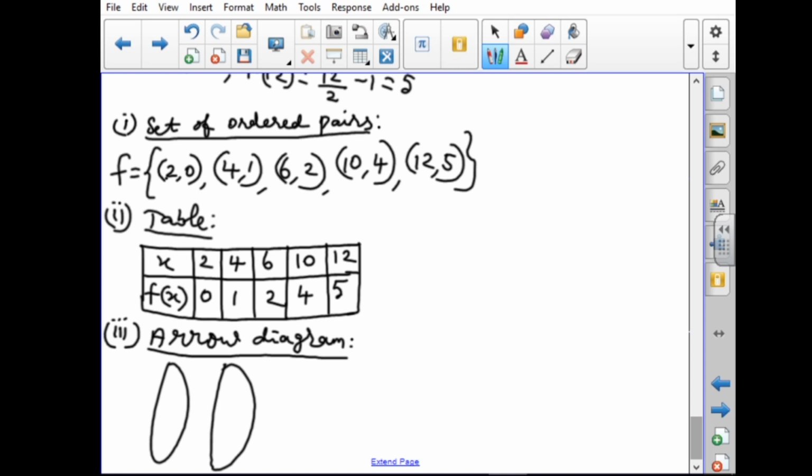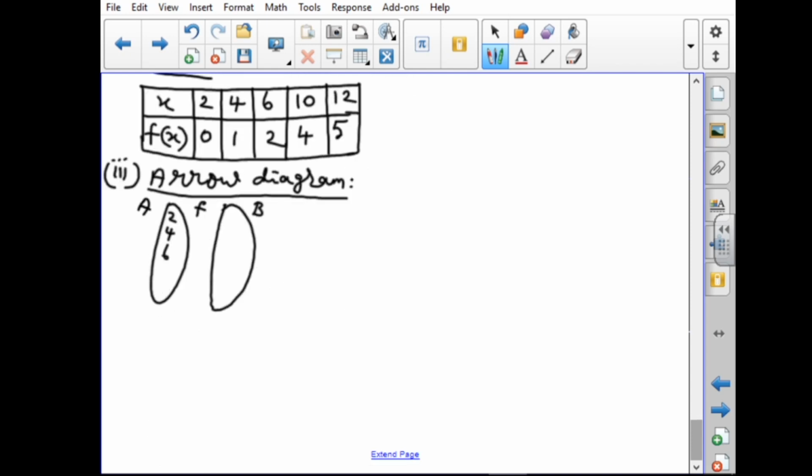The sets are named A and B. The function is A to B. The elements of A are 2, 4, 6, 10, 12.